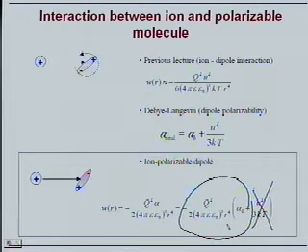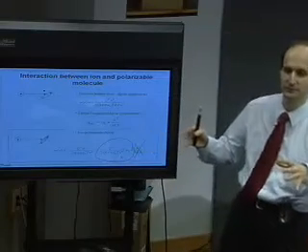Any ion with any molecule is going to have this type of interaction. So you see that we're building on generality here by going through these expressions. In the previous lecture, we knew only how a dipolar molecule interacts with an ion, which is not a likely case. Now we know how any molecule interacts with an ion.